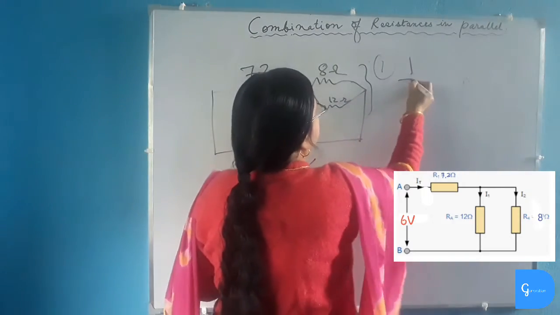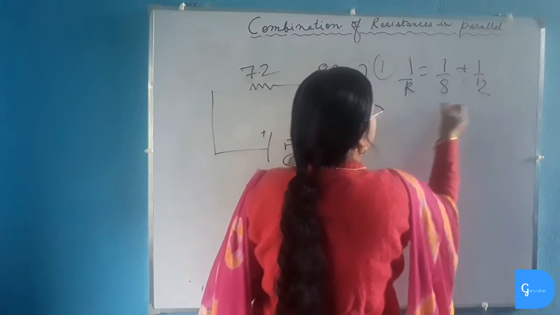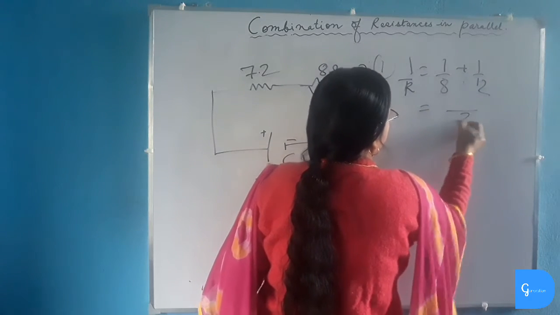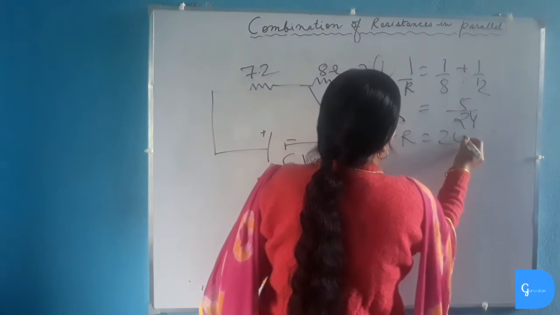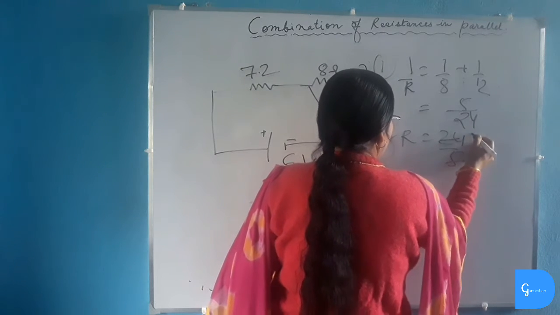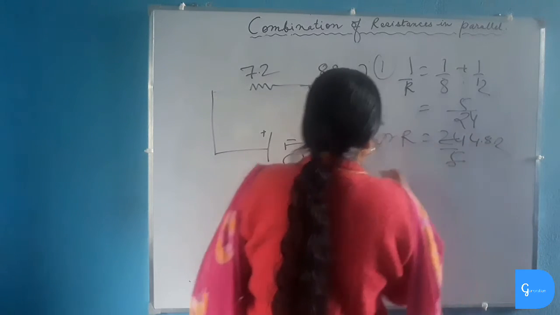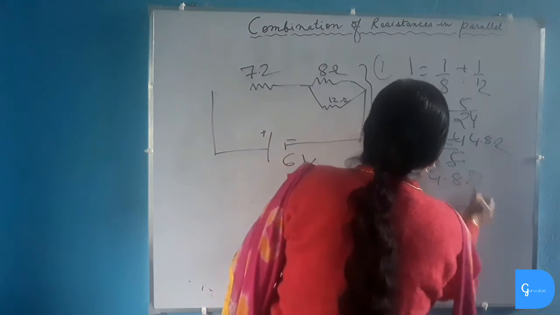So 1 by R will be equal to 1 by 8 plus 1 by 12, or R will be equal to 24 by 5. Thus, R here is 4.8 ohm.